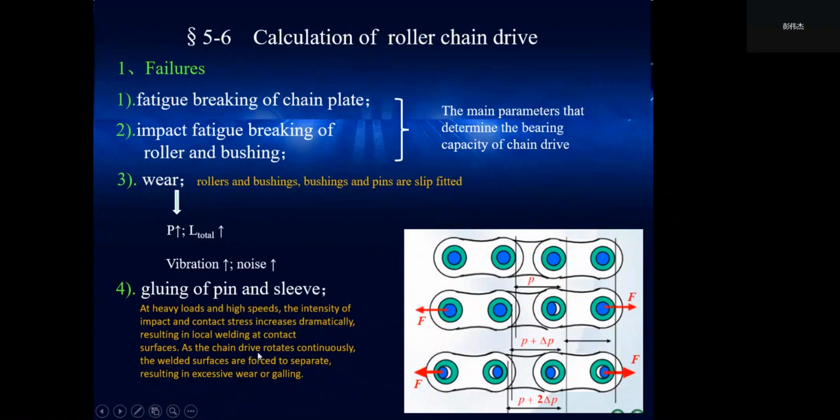As the chain drive rotates continuously, the welded surfaces are forced to separate, resulting in excessive wear or gluing, and overload tension break. These are the main failure modes for roller chain drive.